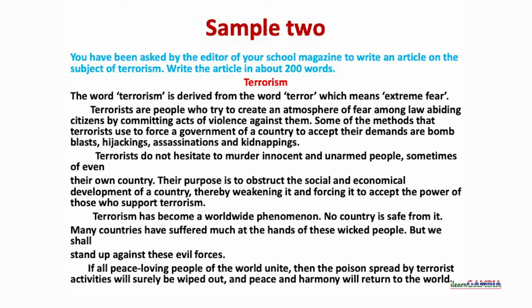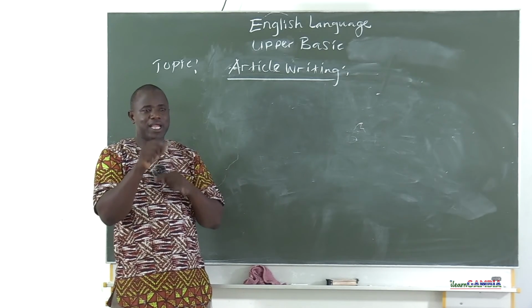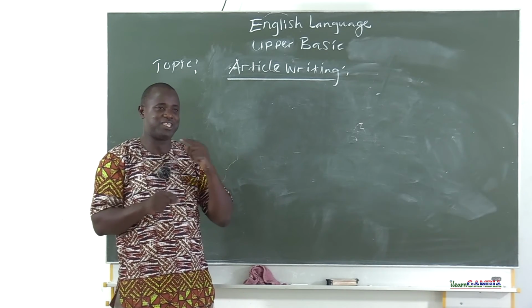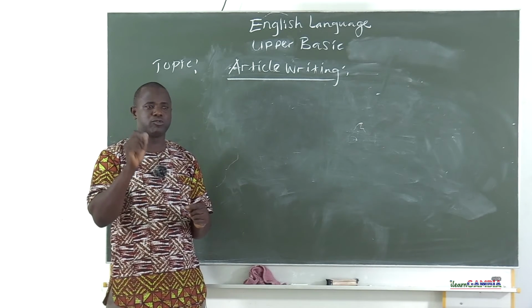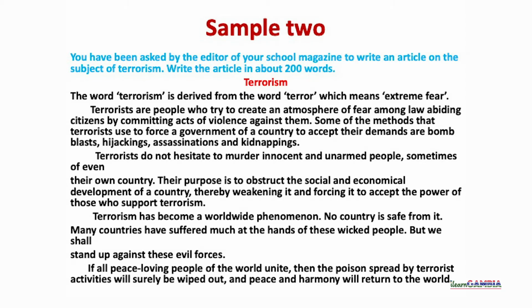Now, the second paragraph in the body is telling you the activities of the terrorists. So we move on. It says their purpose is to obstruct the social and the economical development of a country, thereby weakening it and forcing it to accept the power of those who support terrorism.